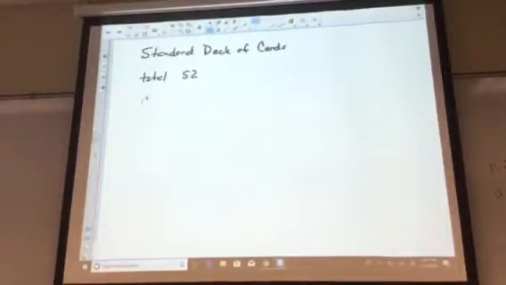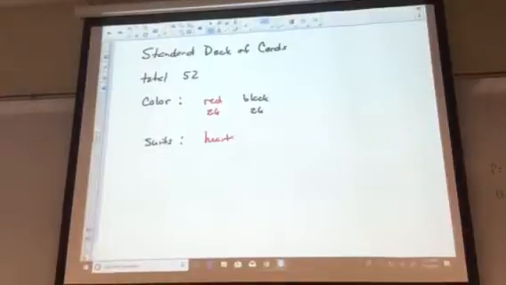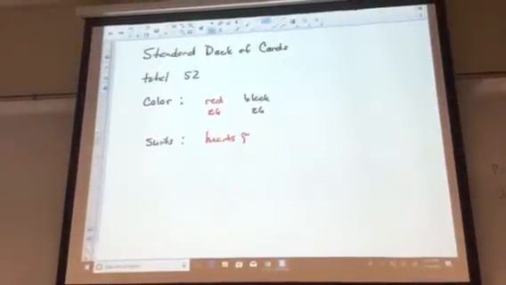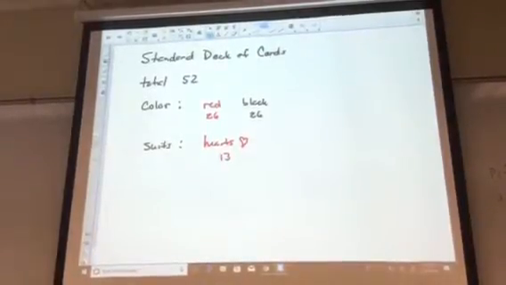They can be broken up into color. What kind of colors? Red, black. Red, which would have 26, and black, which would have 26. They can be broken up into suits, specifically hearts, which have that lovely little heart emblem that I can't draw, meaning that there are 13 of them.